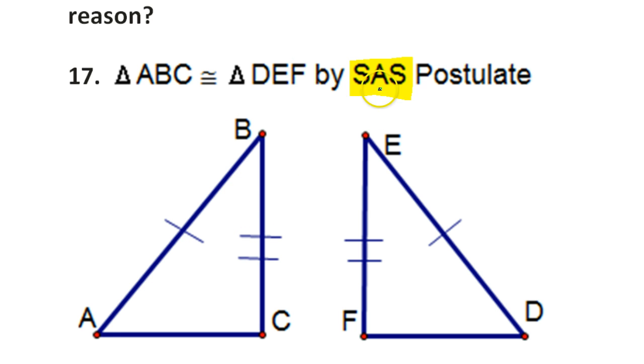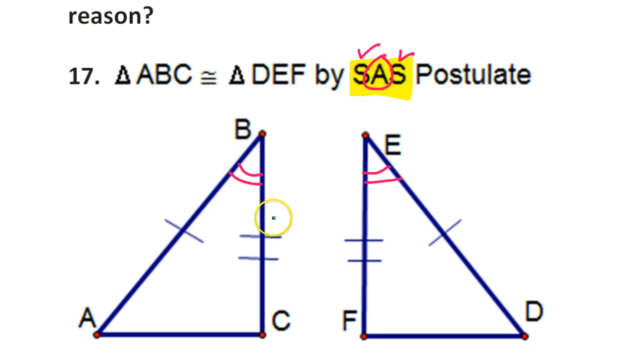For side, angle, side, we need two sides and the included angle to be congruent. Well, look, we have two sides, congruent to two sides. We have the S and the S. The only thing we're missing is the A. The included angle is here and here. All right, that's the angle formed by AB and CB and FE and DE.